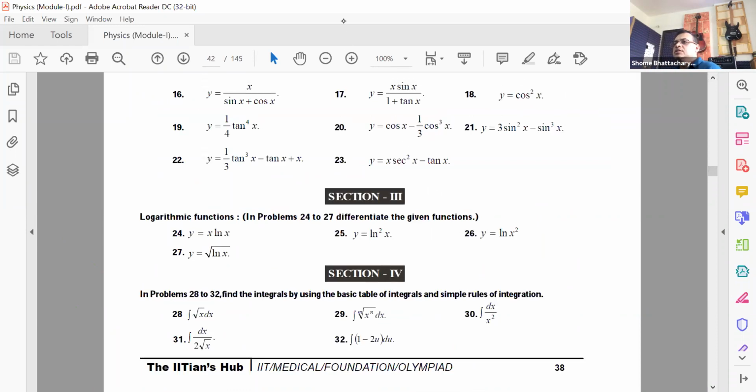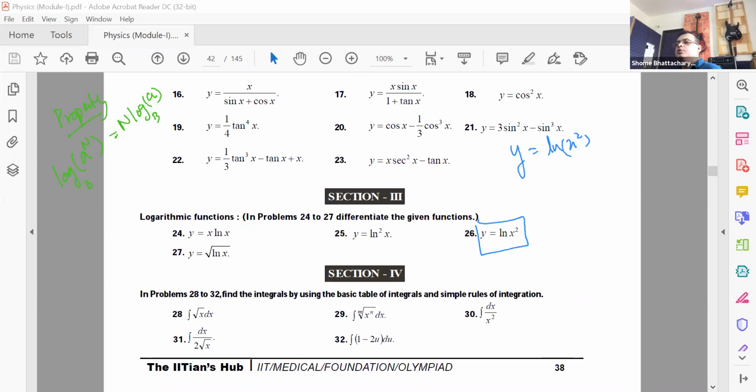So 26 is, again, a question where we have two options, because we can also use a property of log. y is equal to ln of x square. One option that we have is we can use this property of log, that log for any base of a to the power n is equal to n times log of a to the same base.